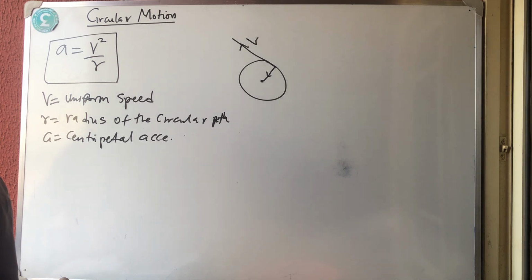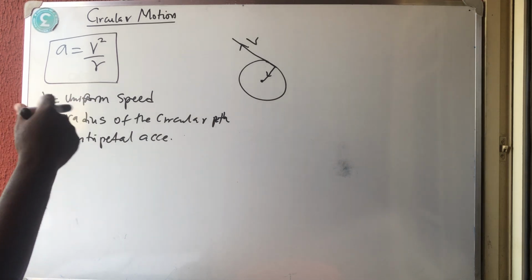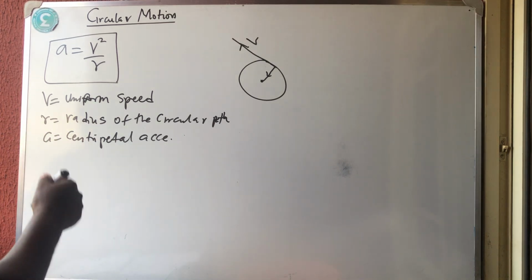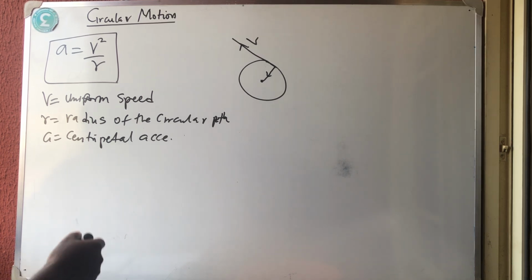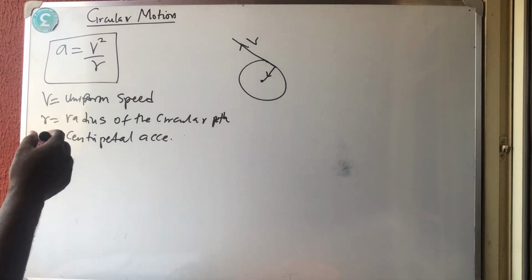They say for a body to accelerate, there must be a force acting. For a body to accelerate, there must be a force causing the acceleration. It's only when something is pushed that the body will move or change direction. Thus, this acceleration directed towards the center of the circular path is caused by a force which acts inward towards the center.